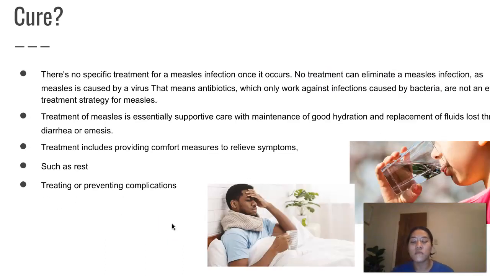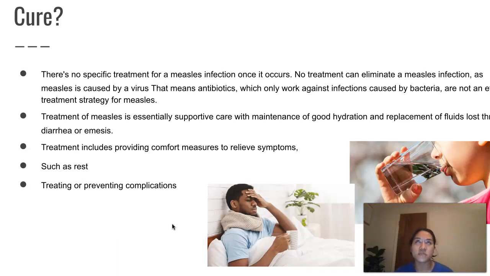Cure. There is no specific treatment for measles, but it is better to prevent it rather than depend on treatments. Treatments may include resting and treating or preventing further complications.